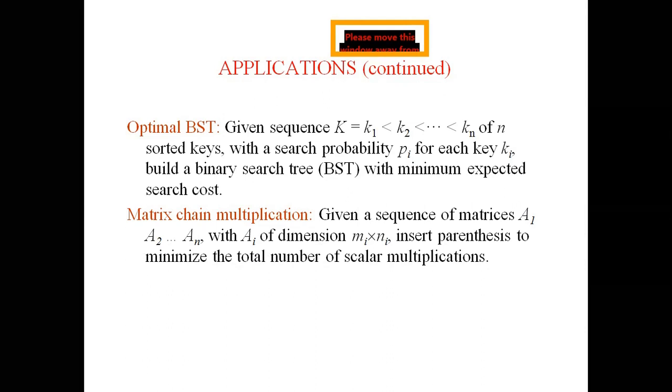There are n matrices. Each matrix dimension is mi by ni. Now we are inserting the parentheses to minimize the total number of scalar multiplications, total number of multiplications.